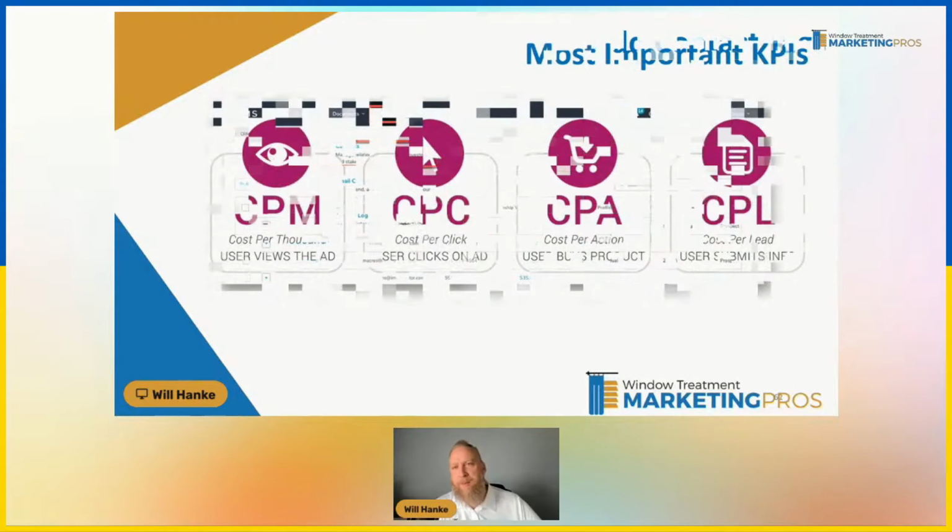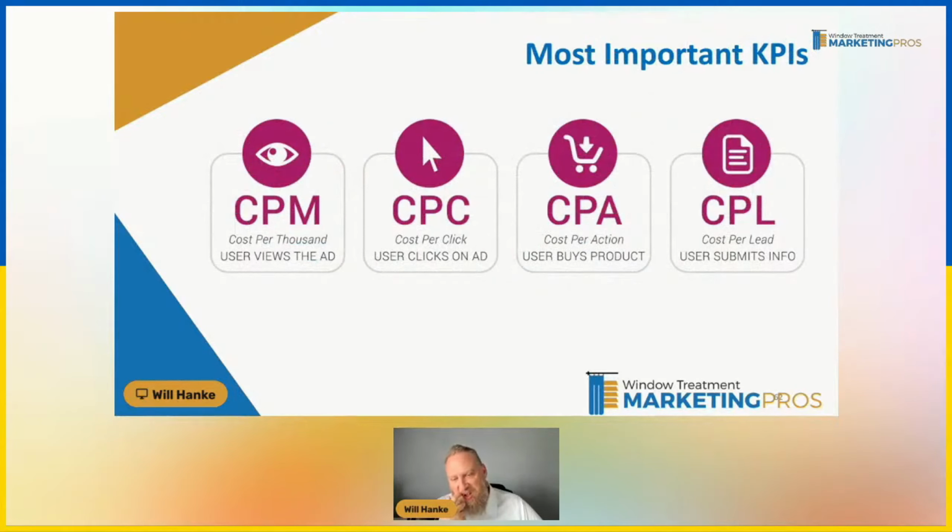Now, when it comes to KPIs, key performance indicators, there's a couple different things that you can track. You can track how much it's costing you to show your ad 1,000 times. Cost per click, or how much it's costing you every time somebody clicks on your ad.